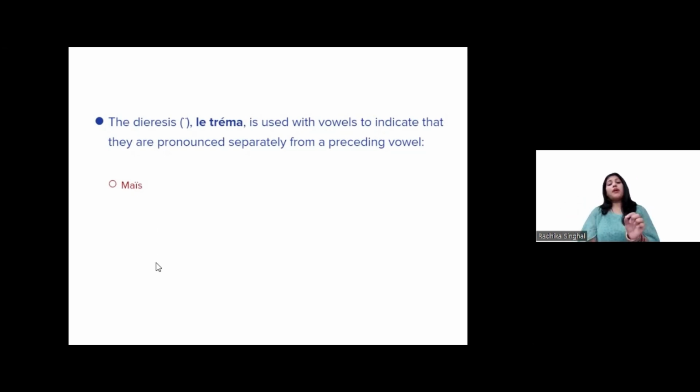So I put the tréma on the second vowel. So that becomes maïs. Noël. Noël is Christmas. Okay. So these are the uses of the accents in French, and this helps make our pronunciation better. Knowing how to pronounce the letters well helps us improve our command over the French language.